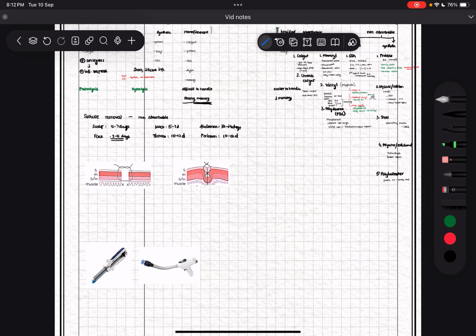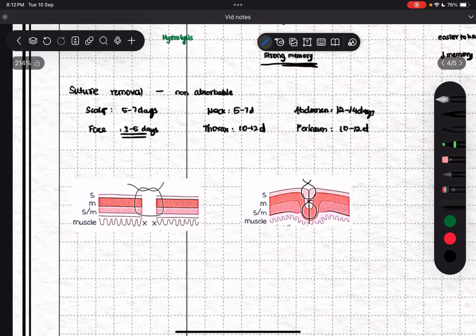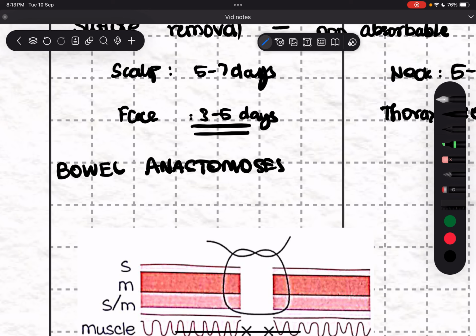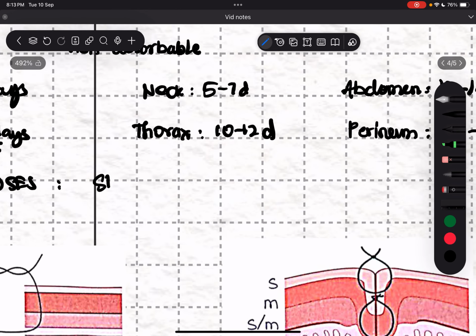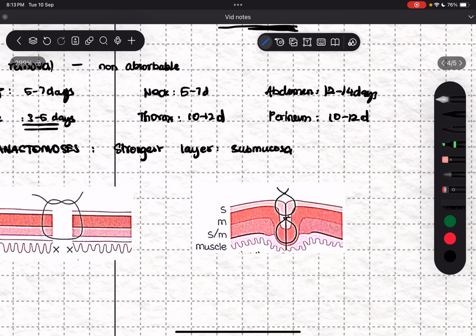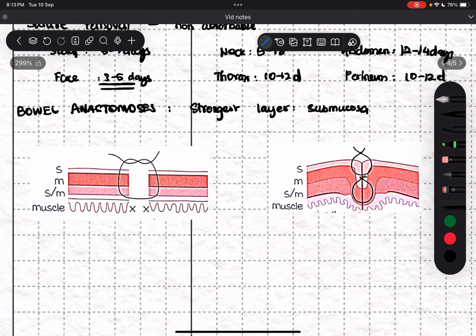So we have got bowel anastomosis. The strongest layer is the submucosa. And the techniques have to give inverted edges.